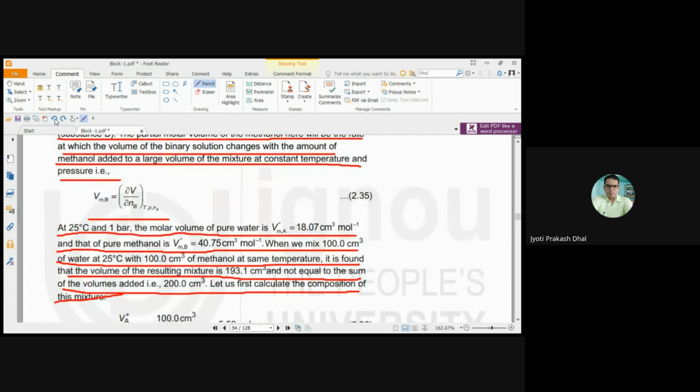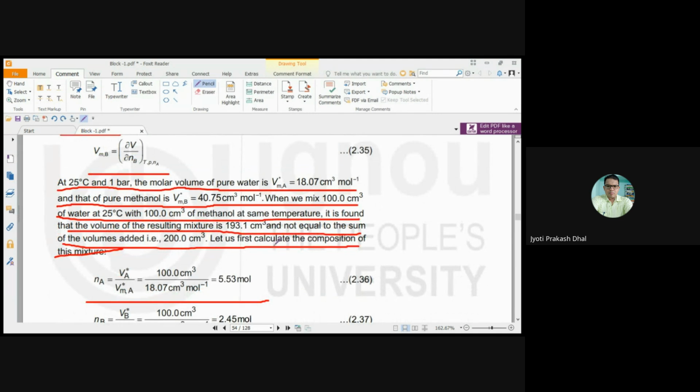Now here we will take one example. Suppose at 25 degrees Celsius and 1 bar pressure, the molar volume of pure water, meaning the volume of 1 mole of pure water, that is called VMA star, is 18.07 cc per mole, or 18.07 ml per mole.